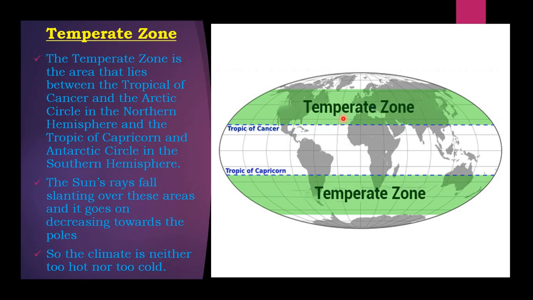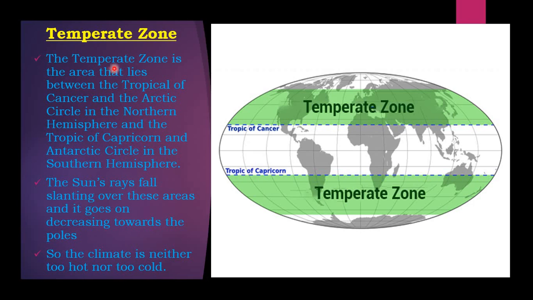So once again you see the picture here, children. The northern temperate zone as well as the southern temperate zone. This is the Tropic of Cancer and this is the Tropic of Capricorn.